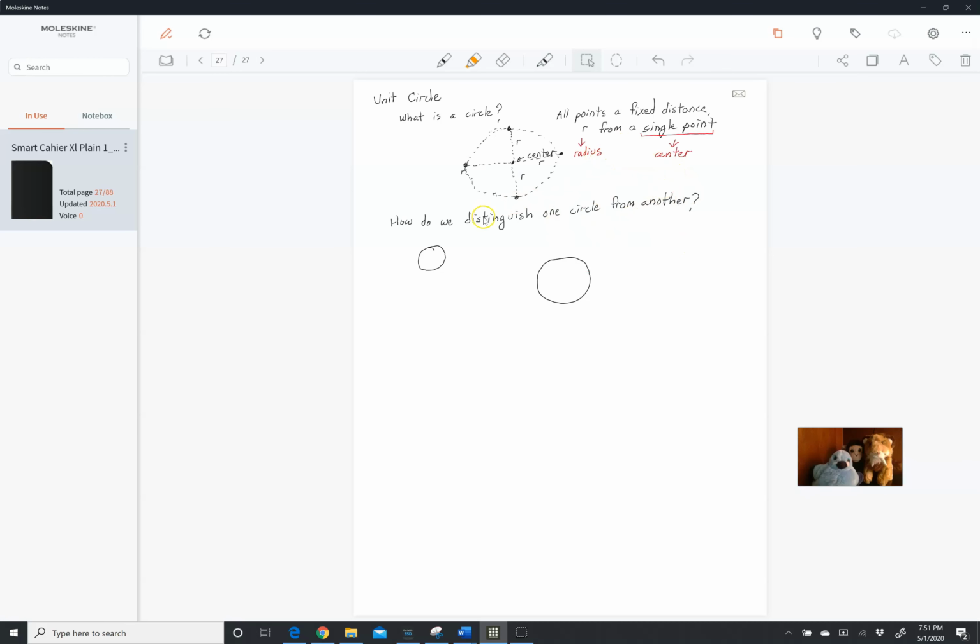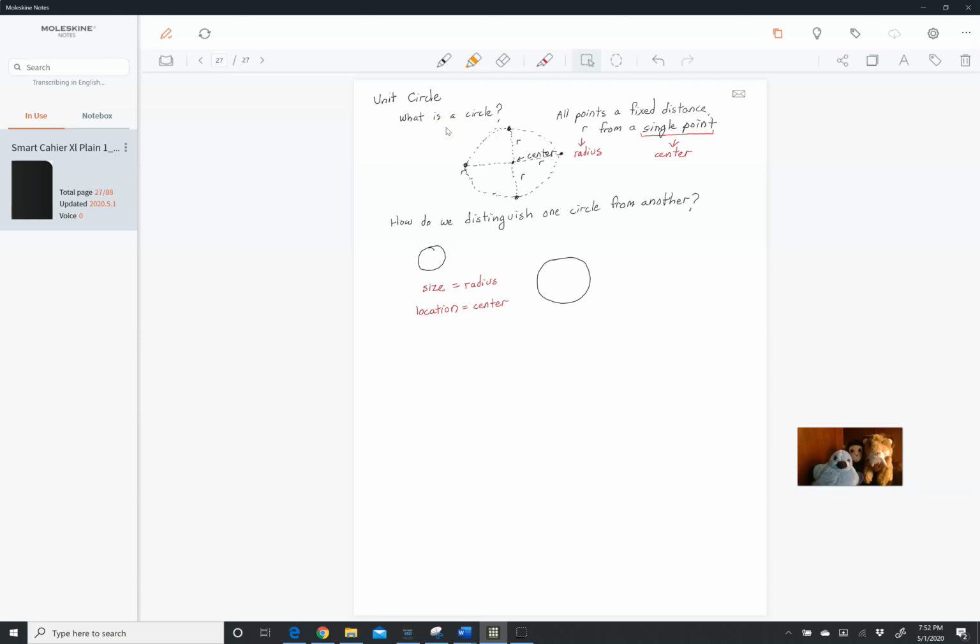So we distinguish between circles using size and location. How do we measure the size? We measure the radius. And how do we identify the location? By where the center is. This is how we distinguish one circle from another.